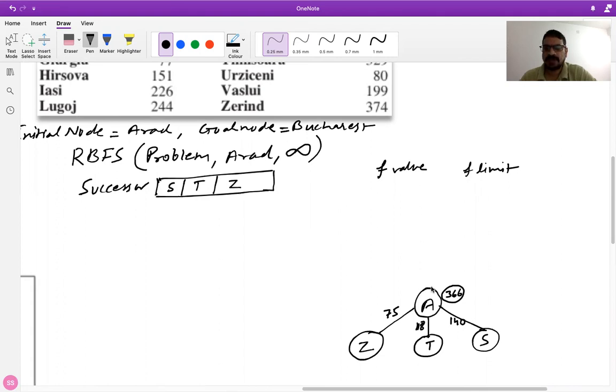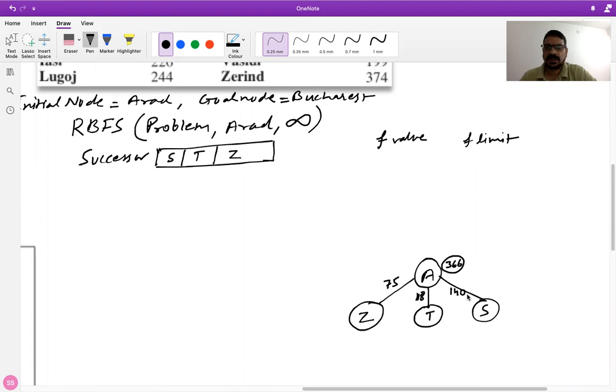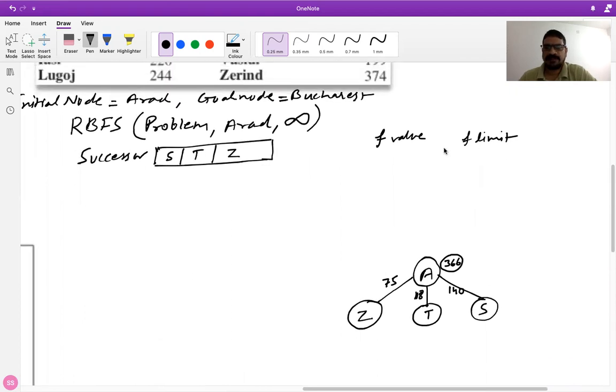The f value of Arad is 366. The f limit is infinite, which I have taken previously. I'll put this f limit in another diagram. It is infinite.